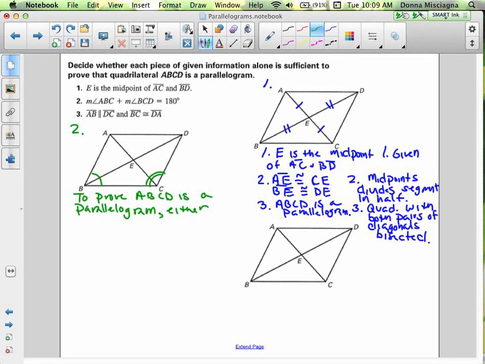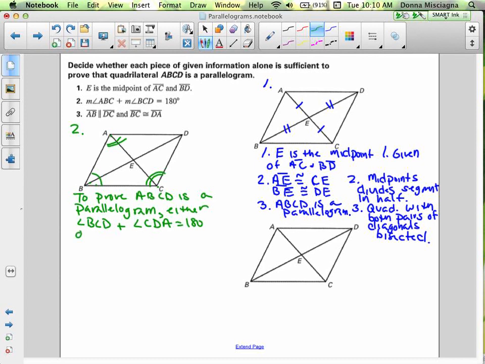So either angle BCD, which is the one we have here, plus angle CDA equals 180. Or we can use this one and this one. And then we can have angle B be the one that has both its consecutive angles, or we can have angle C be the one that has both its consecutive angles supplementary.